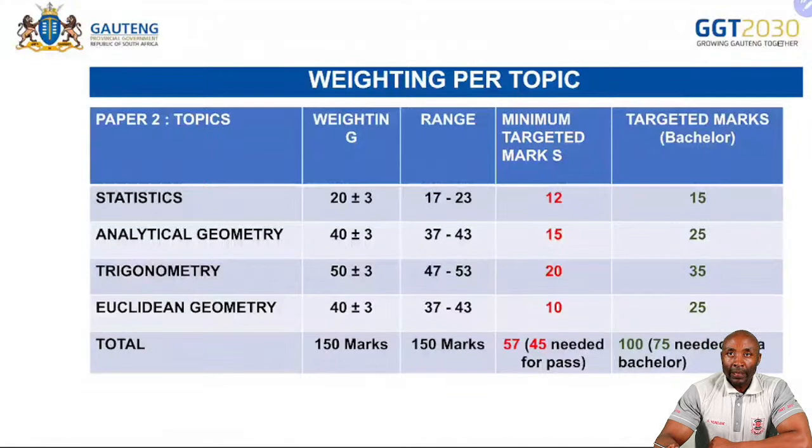Now, just a quick run. We will keep on reminding you so that as you set your targets, you practice, you keep on checking yourself whether you are able to meet your target or not.